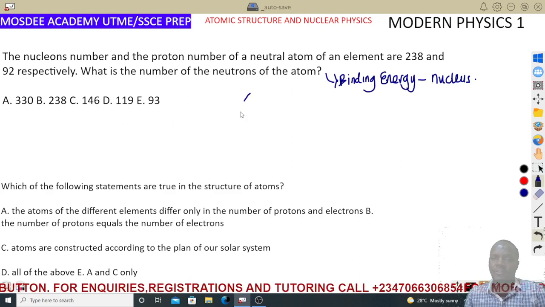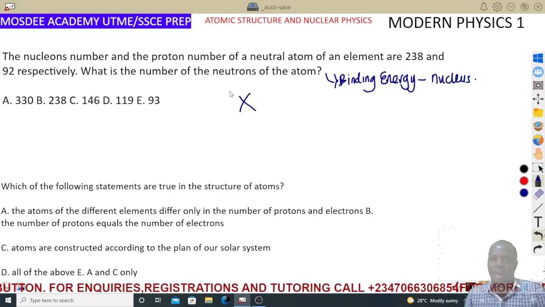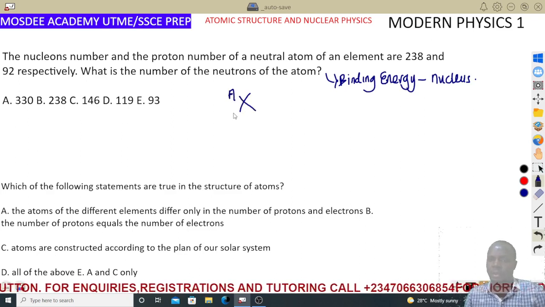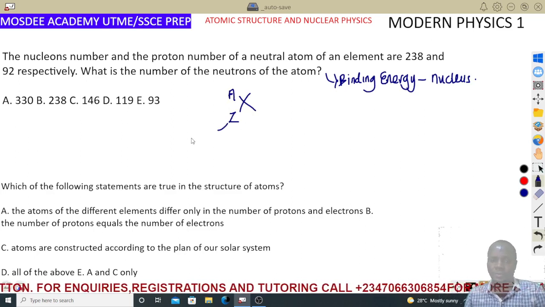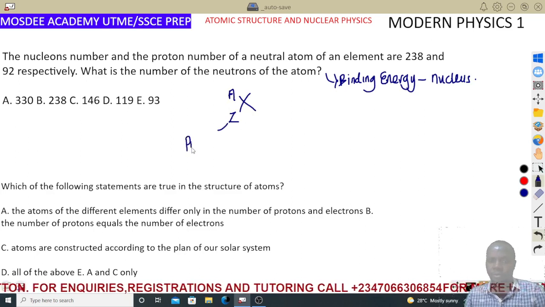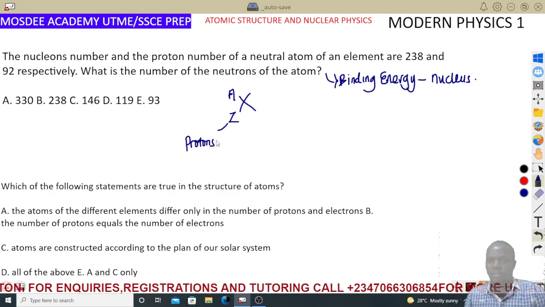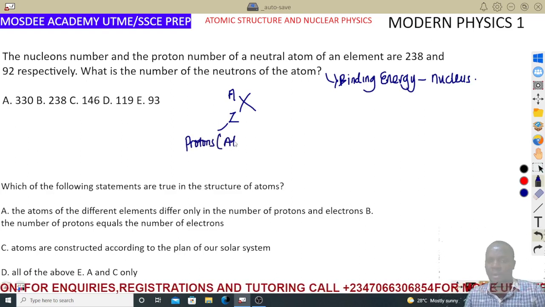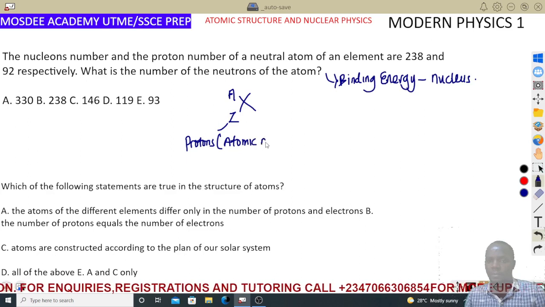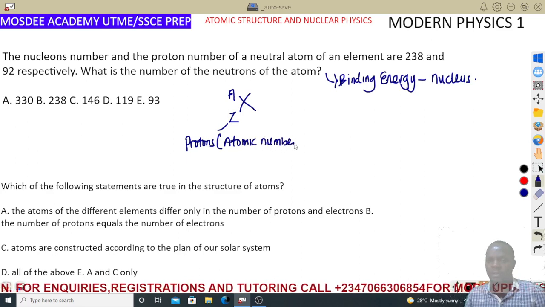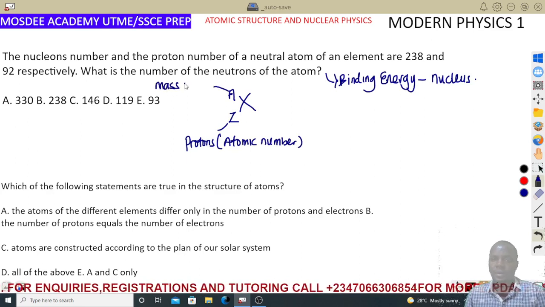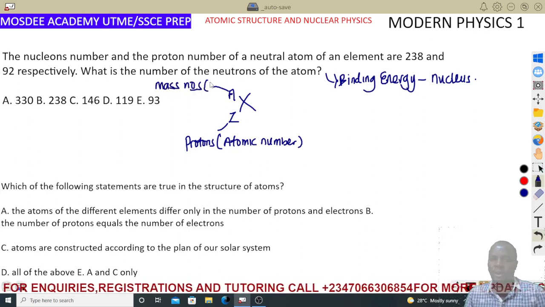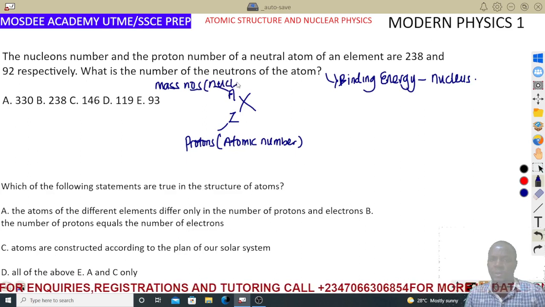Basically, if you have X as an atom, having atomic mass A and atomic number Z, keep it in mind. Z is called the number of protons or atomic number. A is called the mass number, or the number of nucleons.